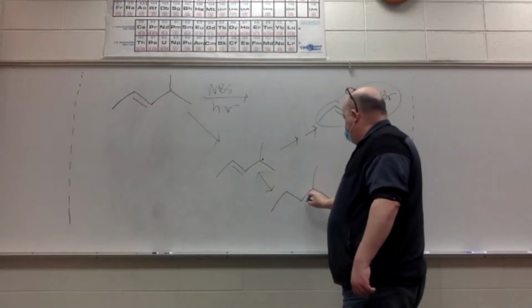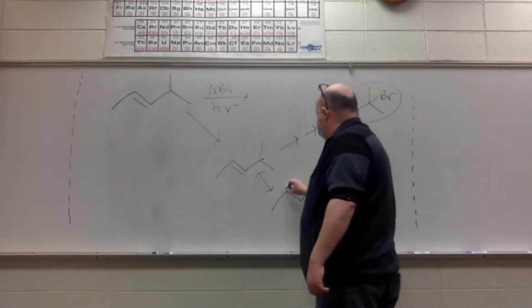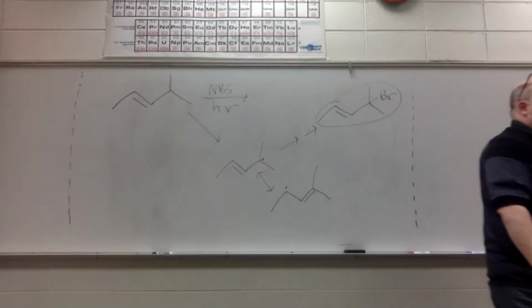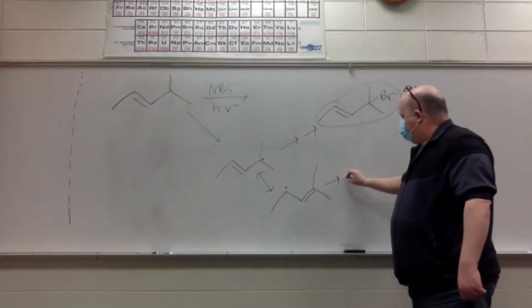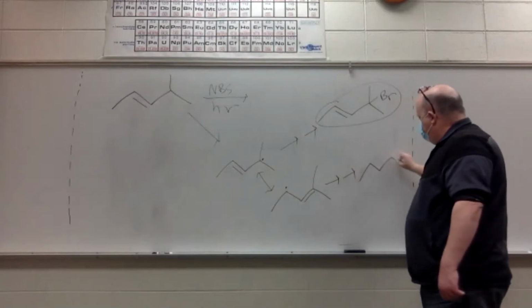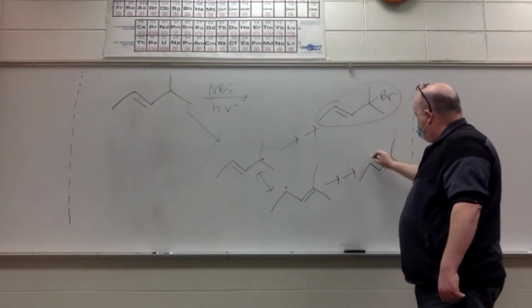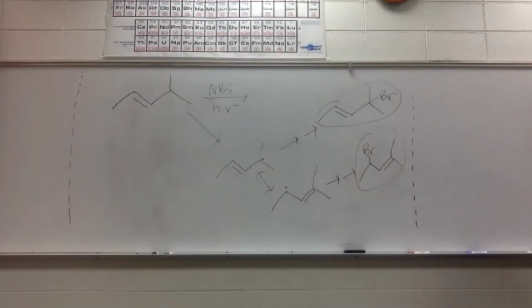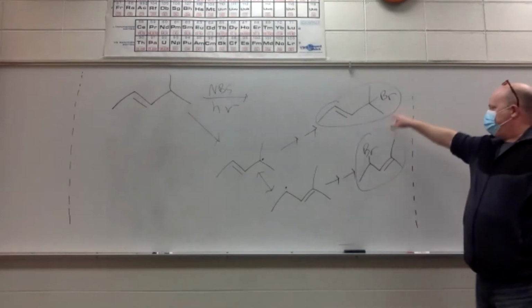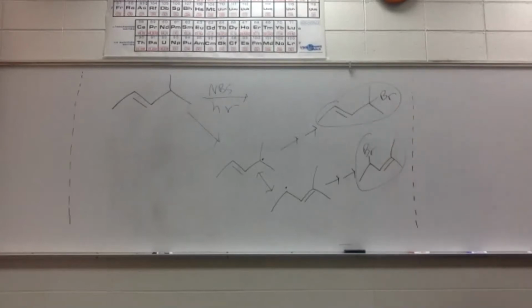And I realize the resonance radical is not as stable as the initial one, but it does still form. So you would also get that as well. Would you get them in equal amounts? Probably not. You'd probably get the top one in higher amounts, but they would both still be there.